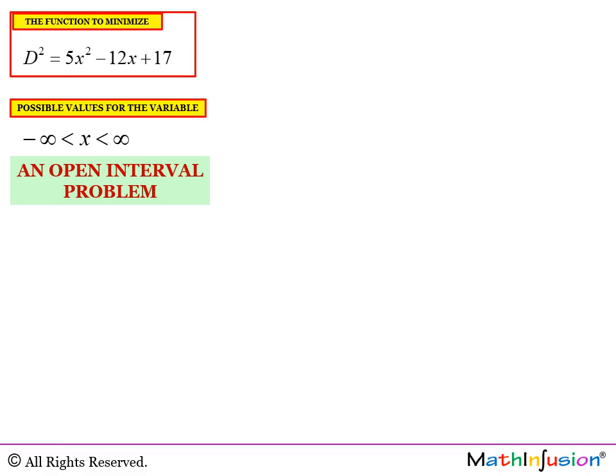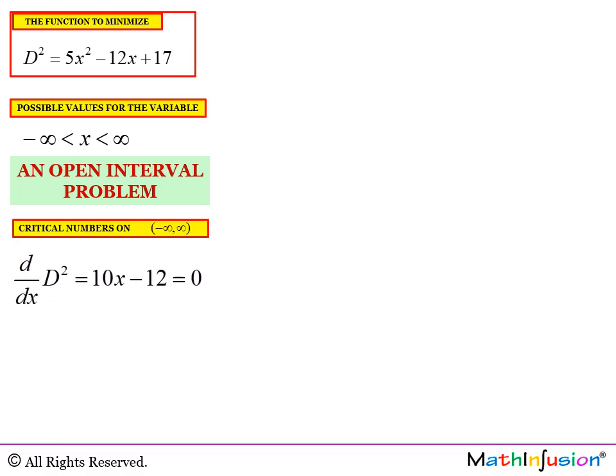So now let's find the critical number or numbers. Well, we need to differentiate this. And if you look at the function that is written above, we get 10x minus 12. We want this to be 0, so x equals 1.2.